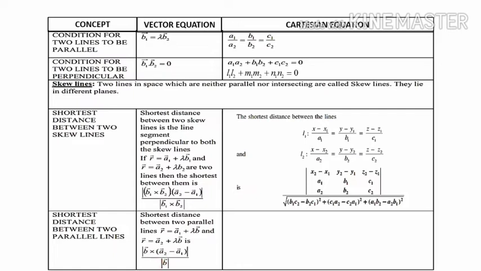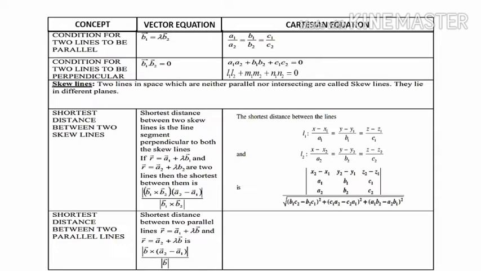So you have to learn these formulas by heart, and not only that, you must be able to identify a1, b1, c1, a2, b2, c2. When equations are given in the form r = a + λb, you must be able to identify vector a and vector b. Then direction ratios and direction cosines, x1, y1, z1, x2, y2, z2, all these things you must know how to identify.